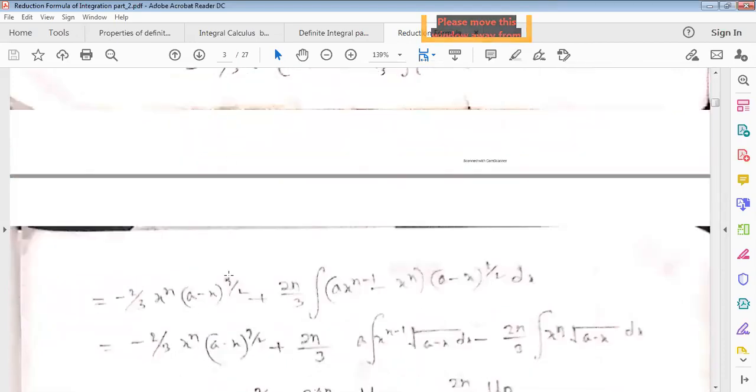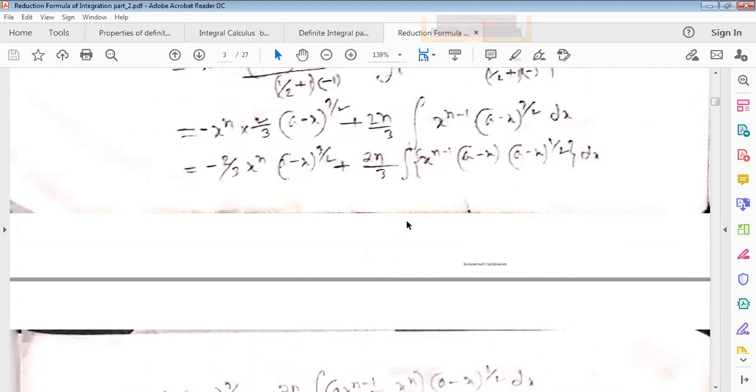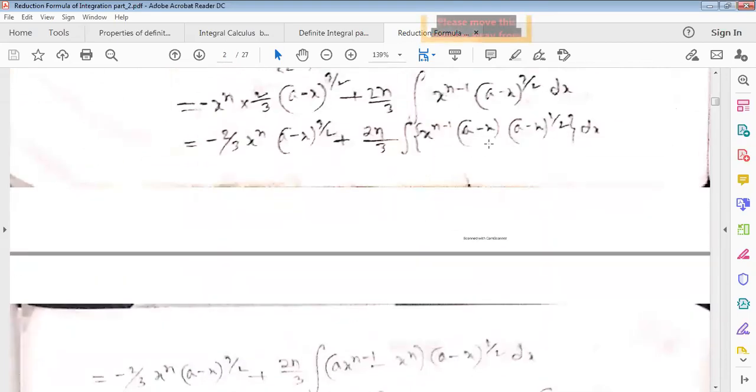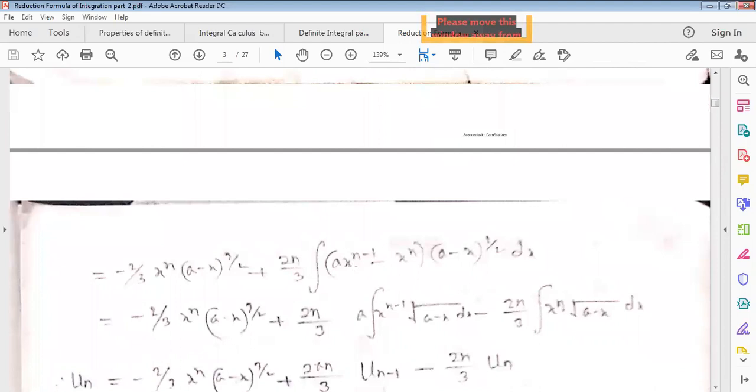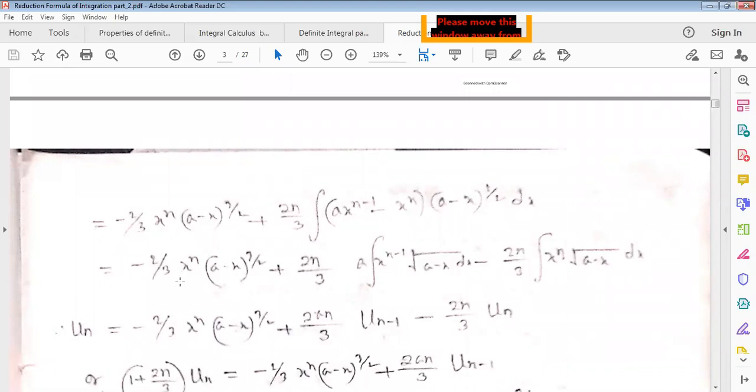Now again this integral value: minus 2 by 3 x to the power n a minus x to the power 3 by 2 plus twice n by 3 integration over this x to the power n minus 1, just multiplying x to the power n minus 1 minus x to the power n into a minus x to the power half dx equals minus 2 by 3 x to the power n a minus x to the power 3 by 2 plus twice n by 3 a into this will be x to the power n minus 1.